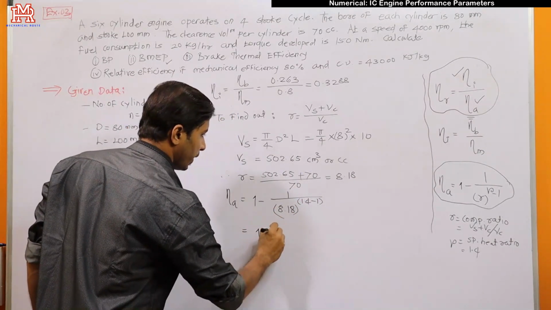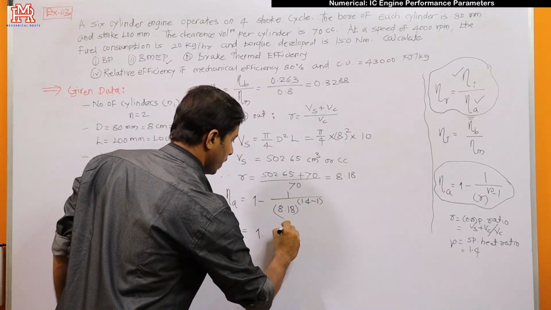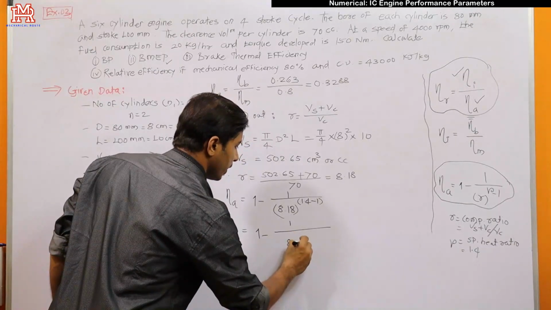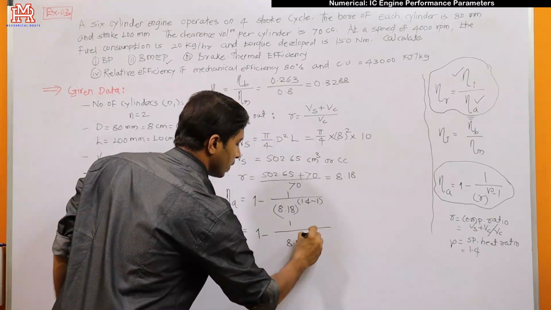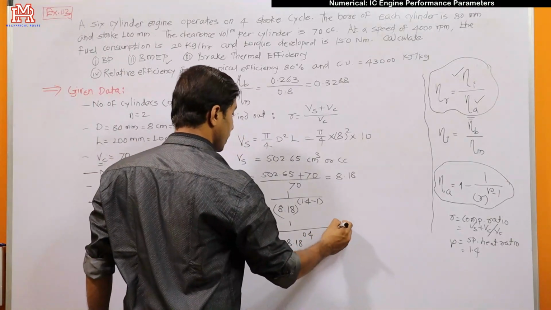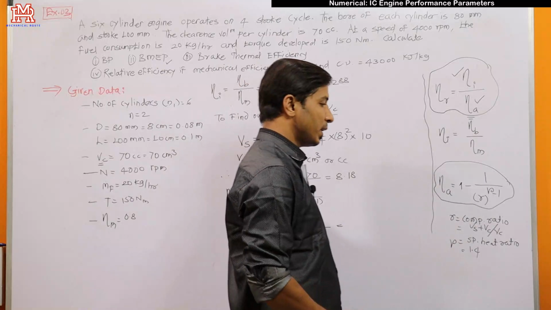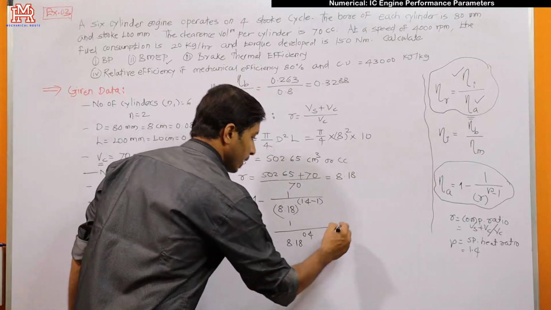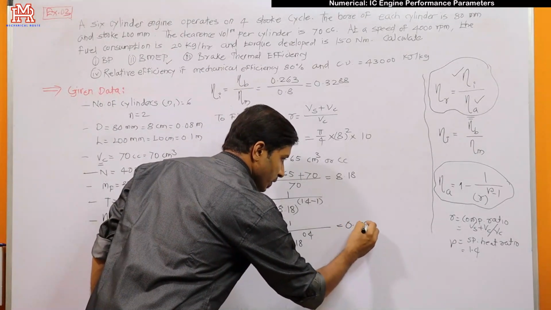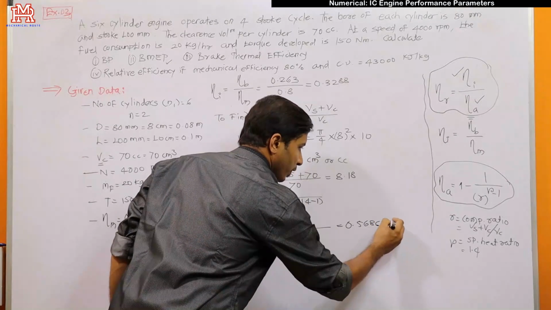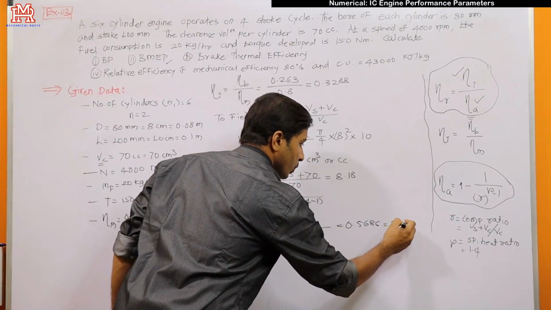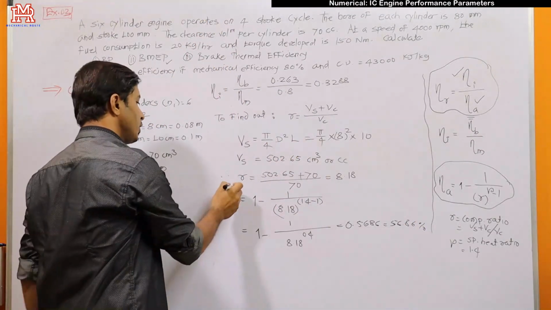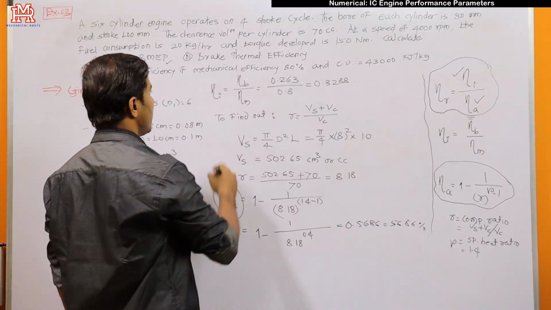So 1 minus 1 divided by 8.18 raised to 0.4. Just simplify this, you will get the value for this air standard efficiency, and the value is 0.5686, or 56.86%.